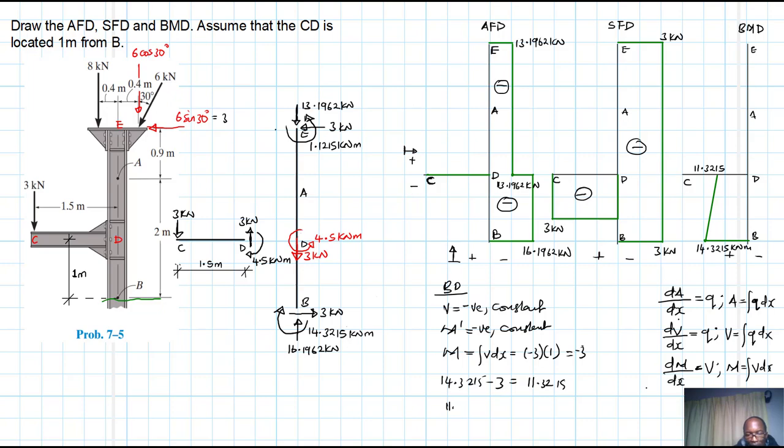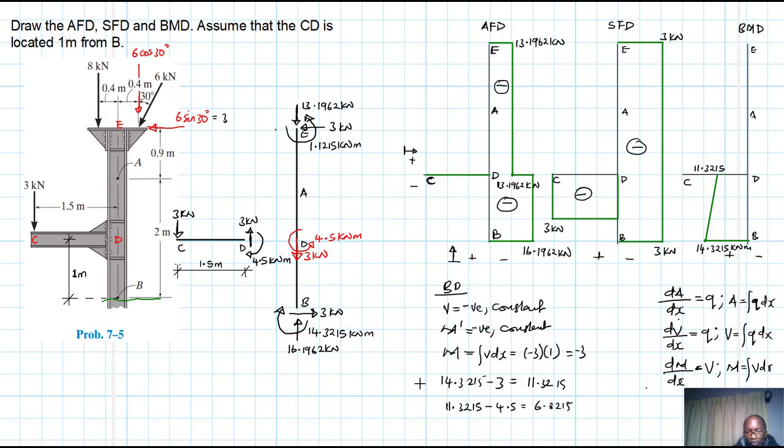All right, so 11.3215. Opposite of positive is negative, therefore it will subtract, so minus 4.5. This gives us 11.3215 minus 4.5, which gives us 6.8215. So this is going to move like so.